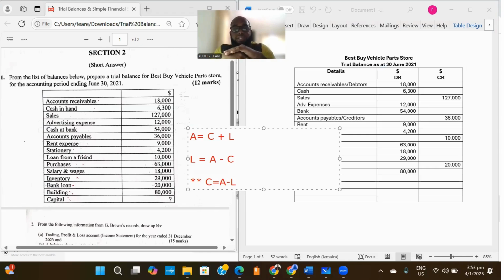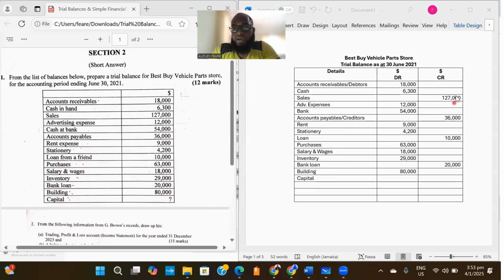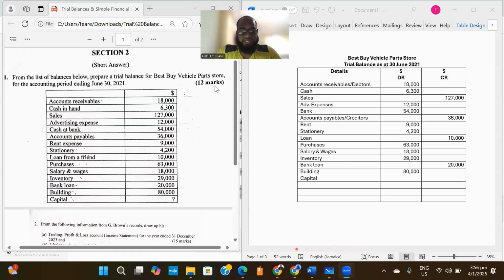So what we need to basically do now is to look at all the information we have before us. Because over here we have all our credit entries and our debit entries. After calculating, the total I've got for the debit side was 293,500.